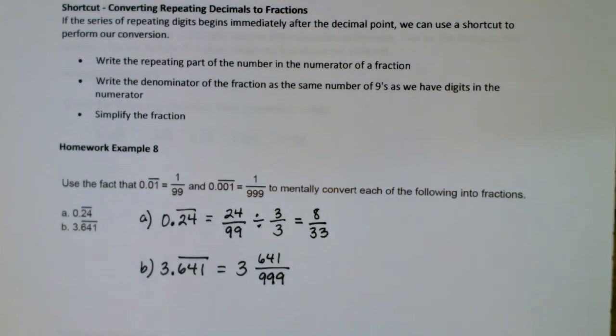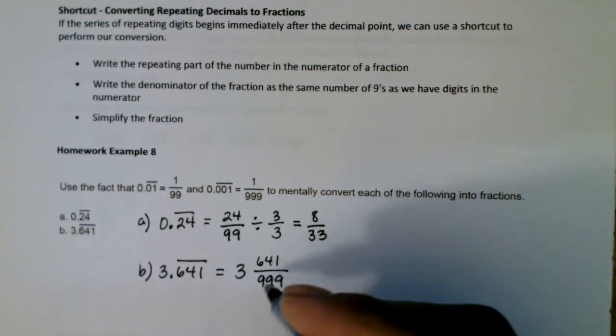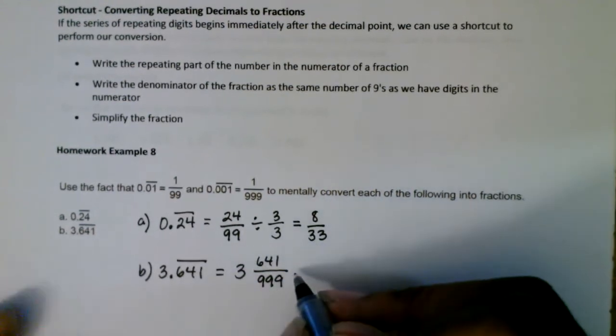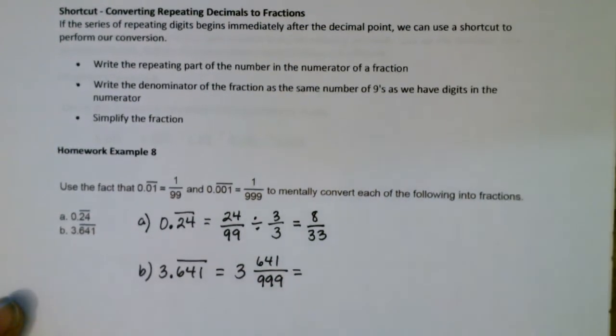Okay. Now at 641 over 999, I don't think we're going to be able to reduce that in simplest form. So that's it. But if they want that in the form of A over B, then that means we need to write this as an improper fraction. And that means I have to do 3 times 999 and then add 641.